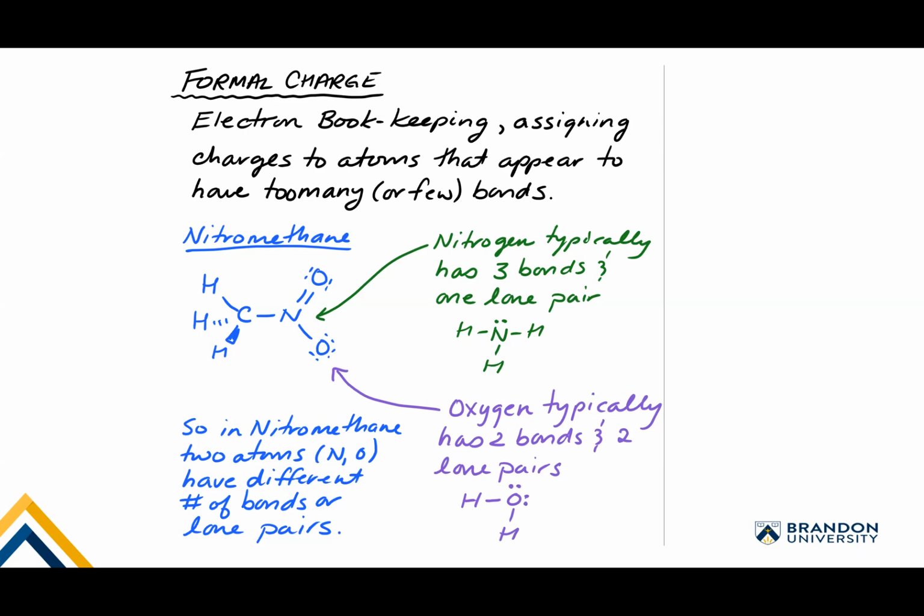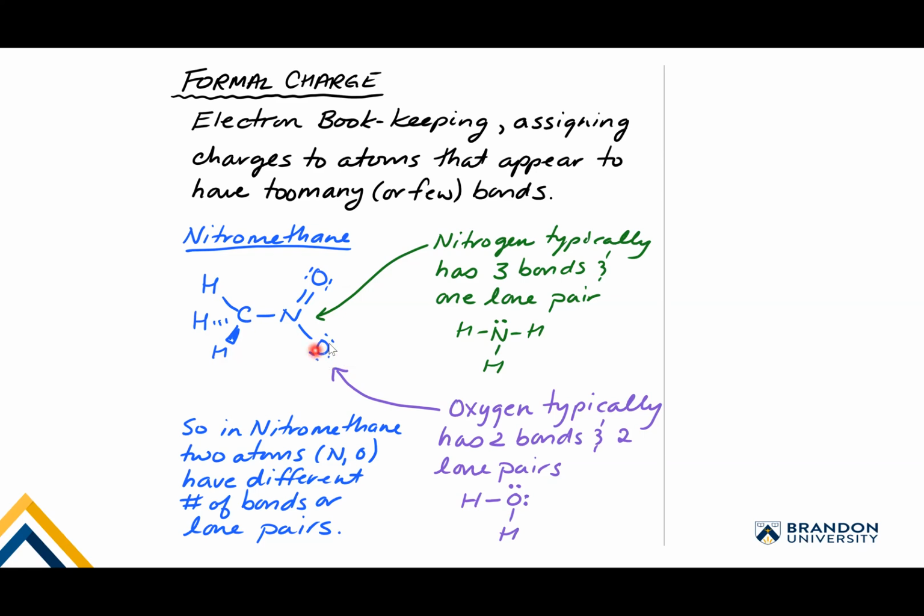So, for example, we have nitromethane here. And if we think back to nitrogen in ammonia, typically nitrogen has 3 bonds and a set of lone pairs. So having 4 bonds and no lone pairs is different than normal.